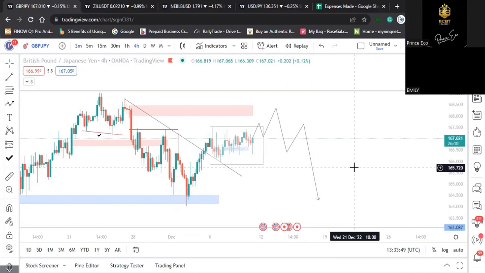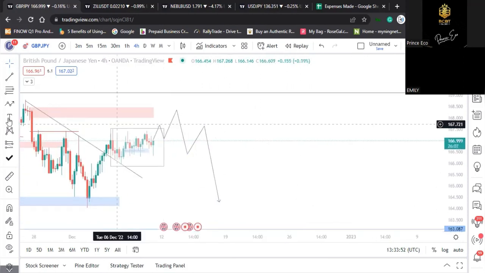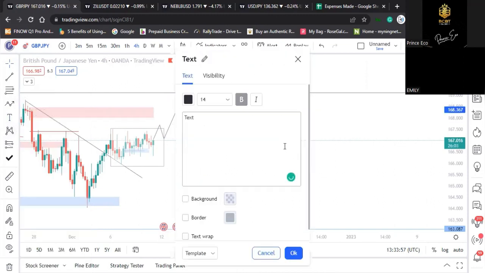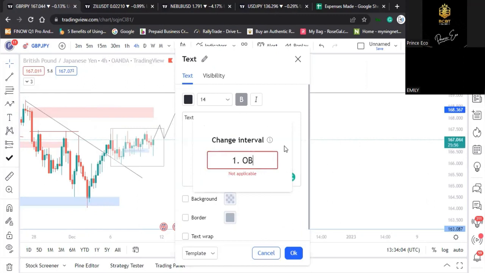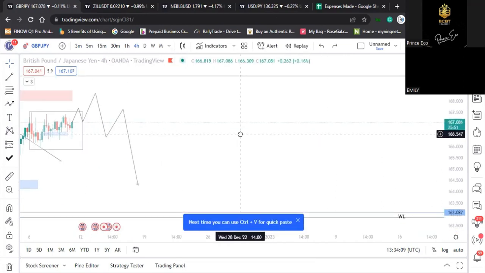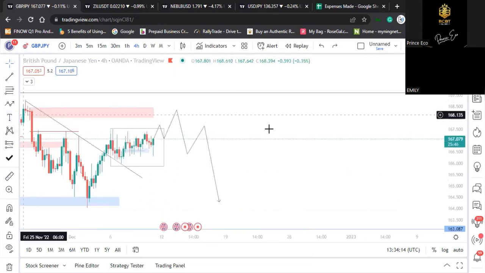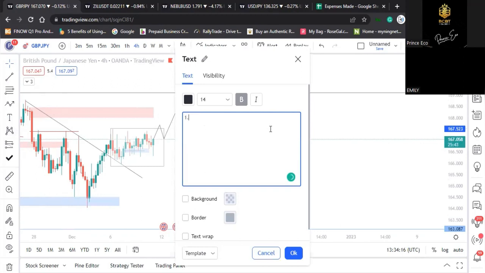My major confluence for me to take any trade, this is what I want: order block, then Fib.